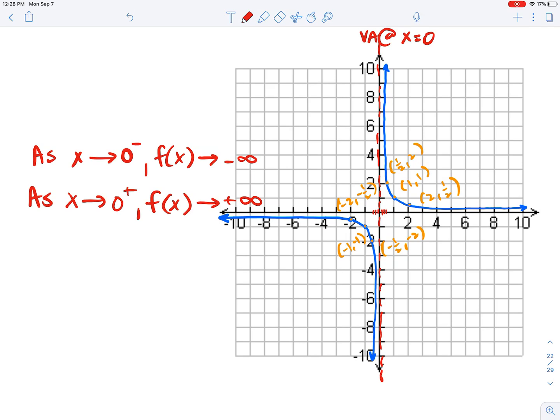We will discuss this more, but when you have a vertical asymptote, the function as it approaches that asymptote will either increase or decrease without bound, meaning it approaches positive or negative infinity. Now notice we also have some interesting behavior as x gets really large as well as really small. That was as x approaches 0, but now let's look at as x approaches negative infinity.